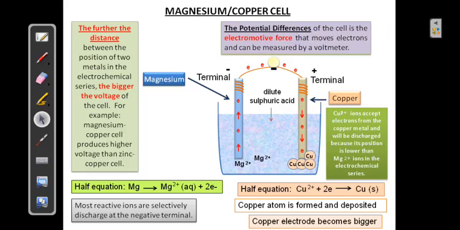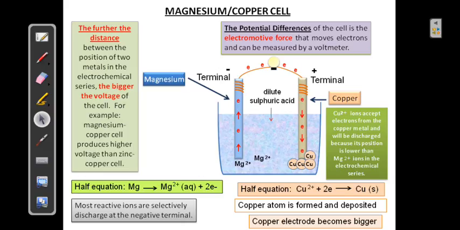And the potential difference of the cell is the electromotive force that moves electrons and can be measured by a voltmeter. So the electromotive force that moves electrons is because of the potential difference of the different metals used. So you don't need electricity to run these electrons.